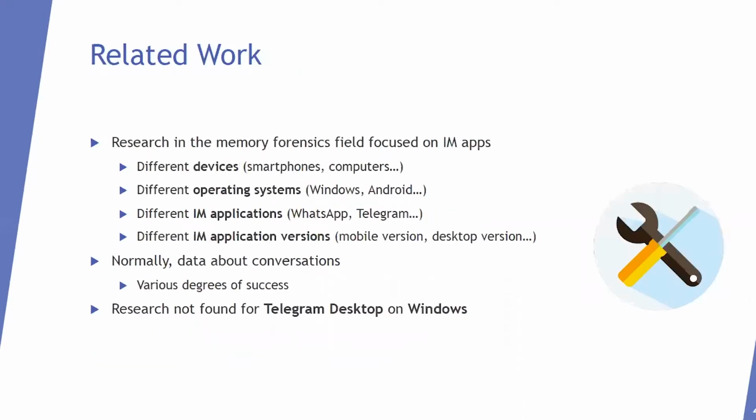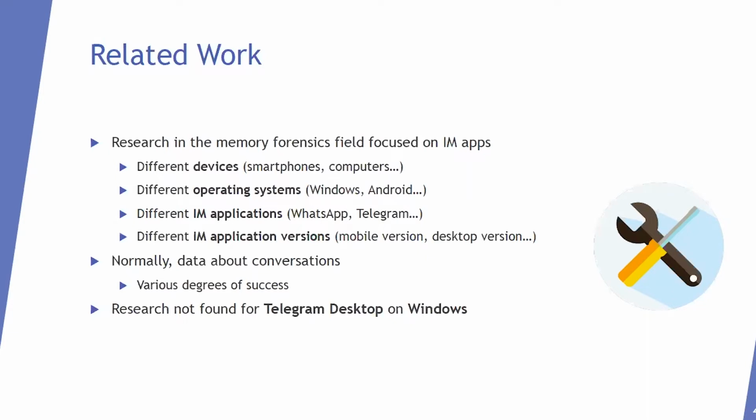With regards to the research in the memory forensics field that is focused on instant messaging applications, we have seen research targeting different devices like smartphones or computers, different operating systems like Windows or Android, different instant messaging applications such as WhatsApp or Telegram, and different application versions like the mobile or the desktop version.